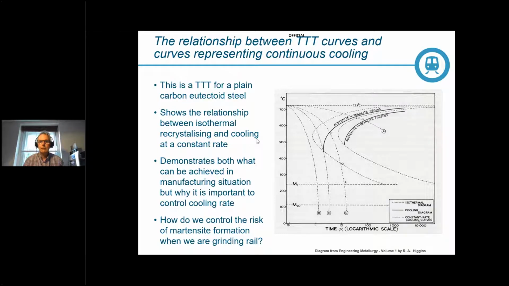Yes, we can. Right. You see it now? Something's happened. Yeah, we can see the screen, the relationship between TTT curves and the curve representing continuous cooling. Right. Well, I can't see my screen now. Something's happened. Another window is on top of your shared application.